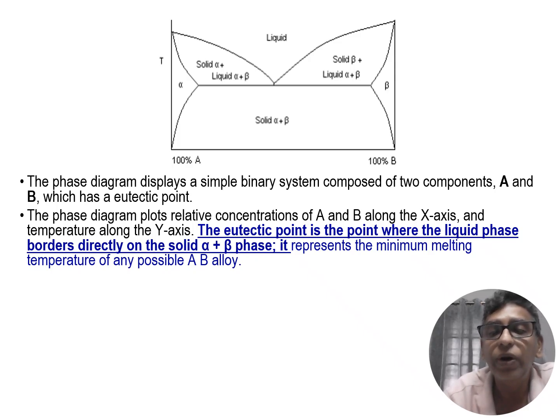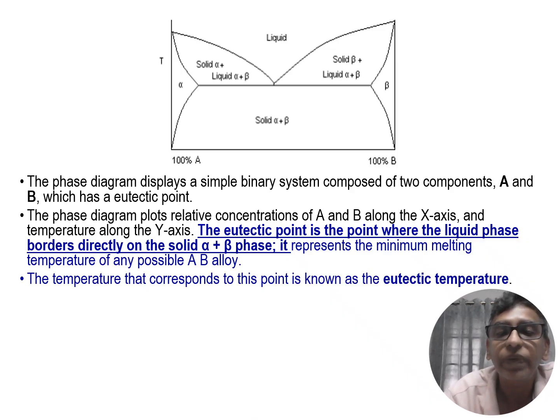The eutectic point is the point where the liquid phase borders directly on the solid alpha plus beta phase. It represents the minimum melting temperature of any possible alloy. The temperature that corresponds to this particular point is known as the eutectic temperature.